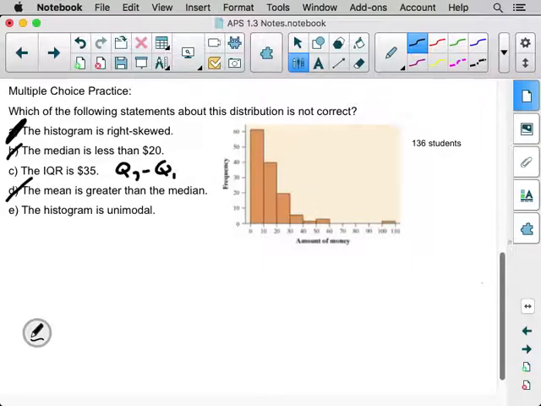And E, the histogram is unimodal. I think I brushed on this the very first day, and you never really have to use this if you don't want to. Doesn't unimodal just mean a single peak, right? Does that have a single peak? Yeah. So yeah, C is the only thing we can't completely convince ourselves is true.